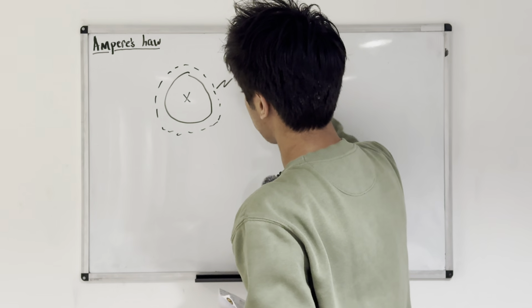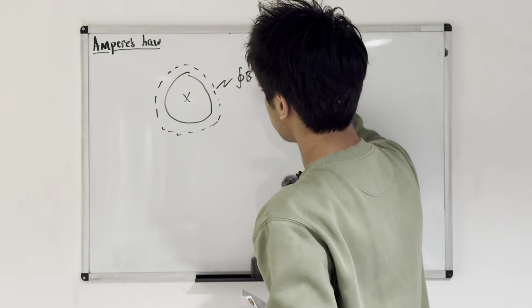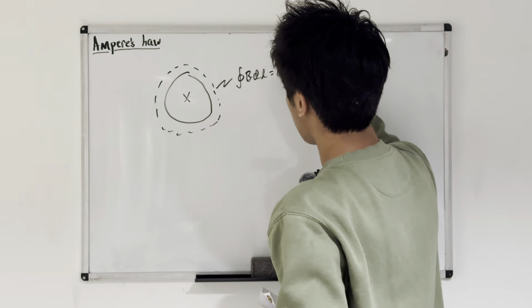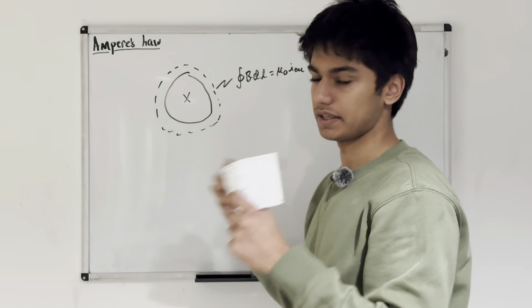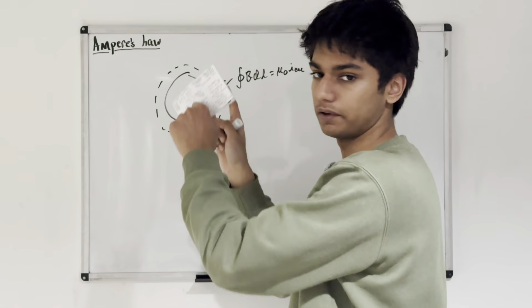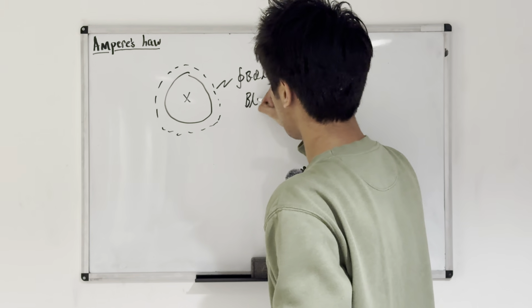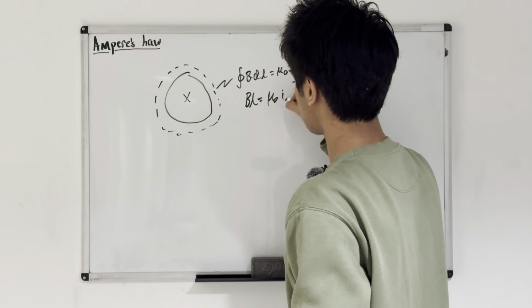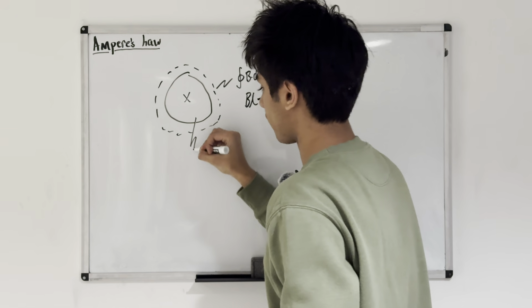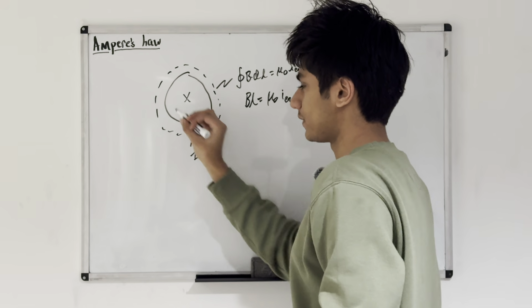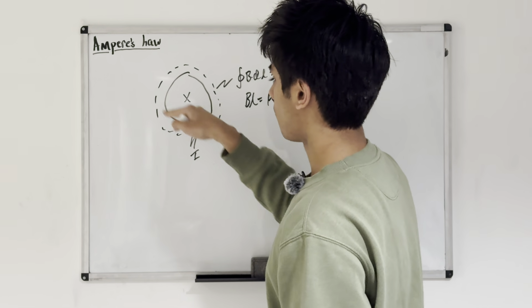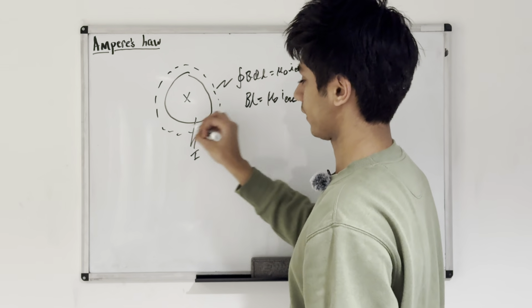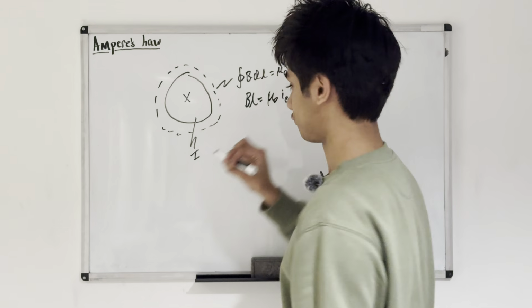In this case, the closed integral of B dot dl is equal to mu naught I enclosed. Because B dot dl is parallel in all sections, this becomes B l equals mu naught I enclosed. Let's say we have current I. Our l is the length of our Amperian loop, which is just the circumference of the circle, 2 pi r.